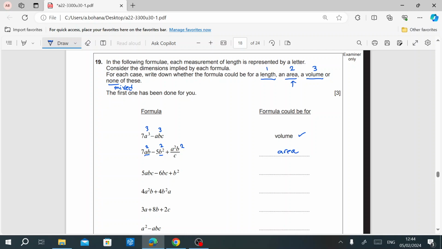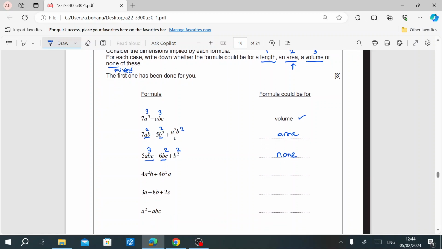Area. This is 3. This is 2. That is 2. 3, 2, 2. That's mixed. You've got to have the same number going across through the whole formula, okay? These are different, therefore none of these. Because they're mixed, okay? That's 3.